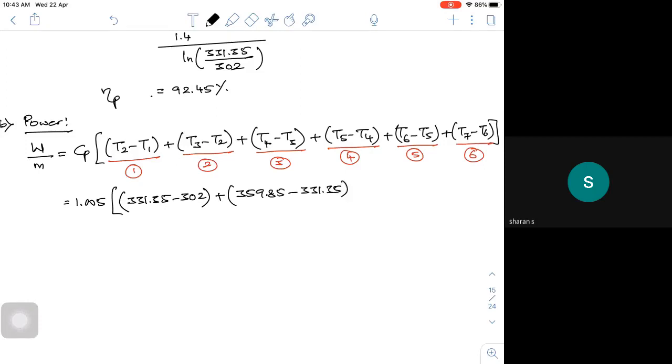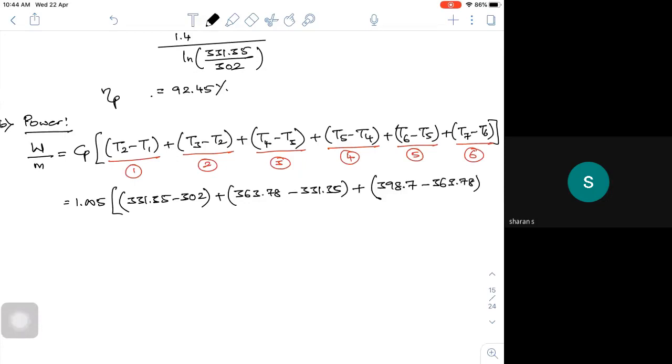These are all actual temperatures. Then T4, 398.7, minus T3, which is 363.78. I put T3 double dash.